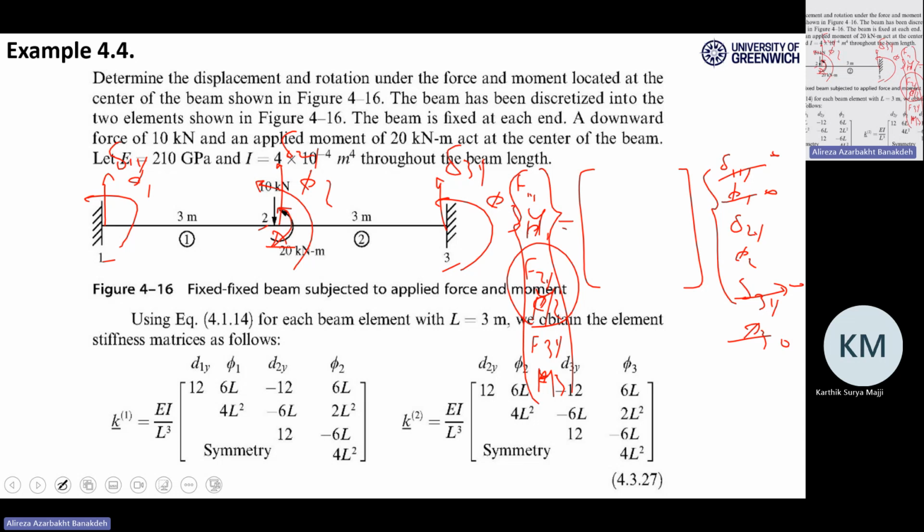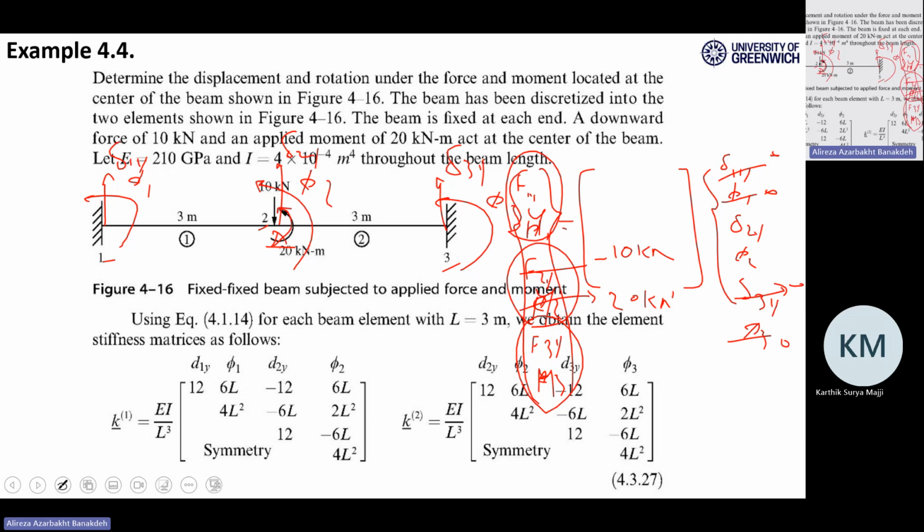F2y is minus 10 kilonewton, and M2 is positive 20 kilonewton, because it's counterclockwise. The other 4 will be eliminated, and they are support reactions that can be calculated later on.